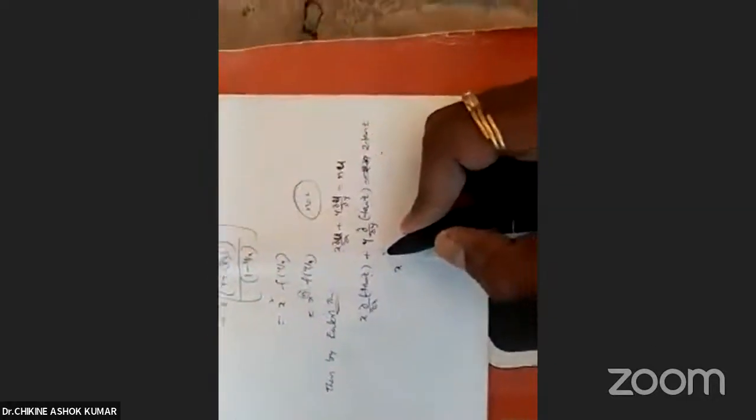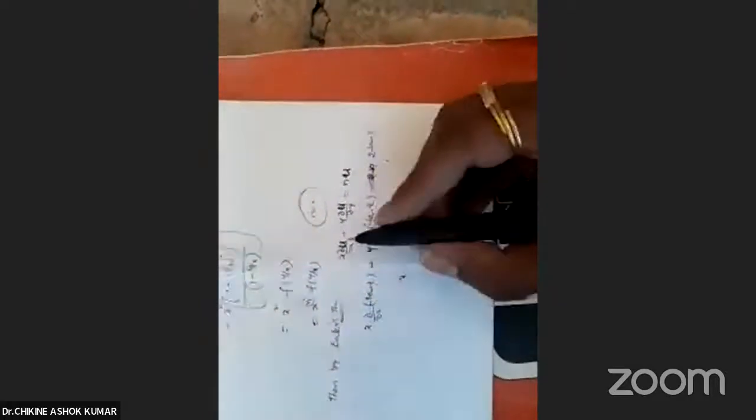X into dou by dou x of tan z. Tell me, what is the tan z differentiation? Sec square z. Sec square z, and for z it is dou z by dou x. Is it clear?